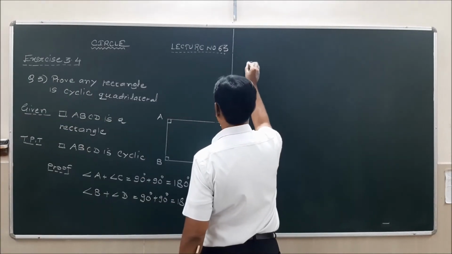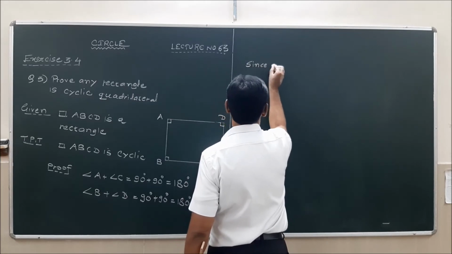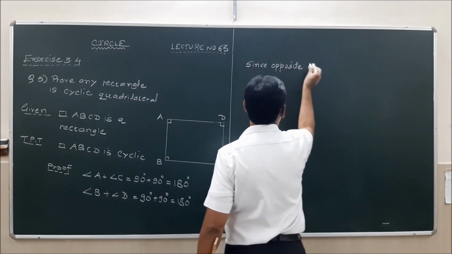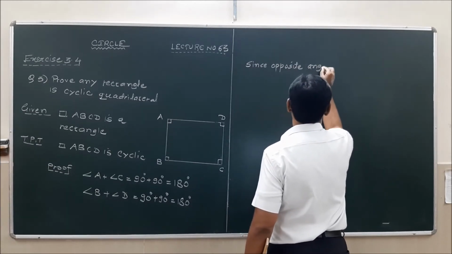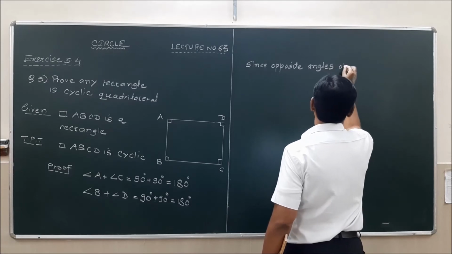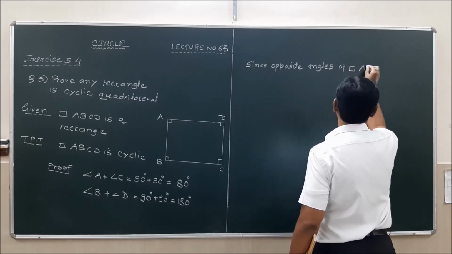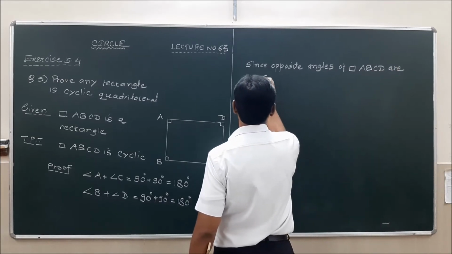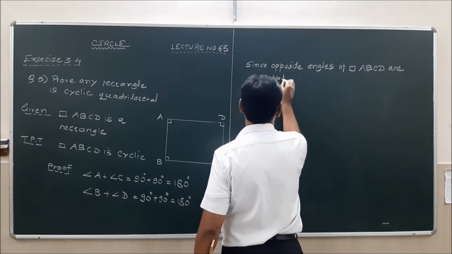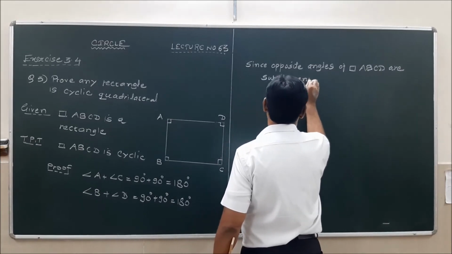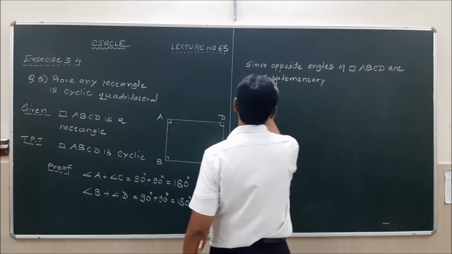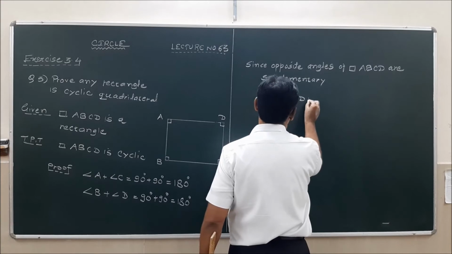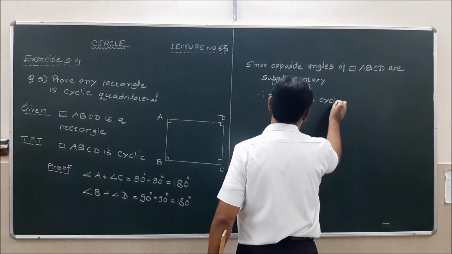Since opposite angles of quadrilateral ABCD are supplementary, therefore quadrilateral ABCD is cyclic. Very simple.